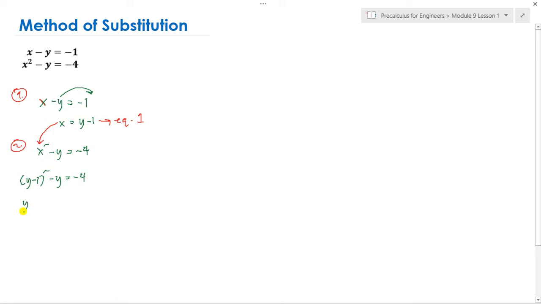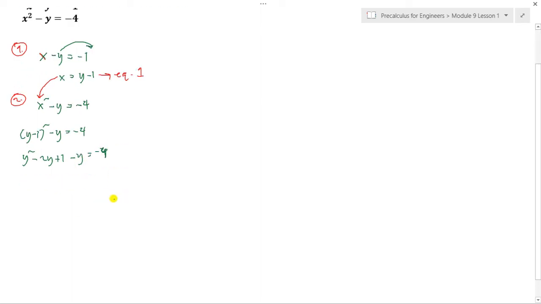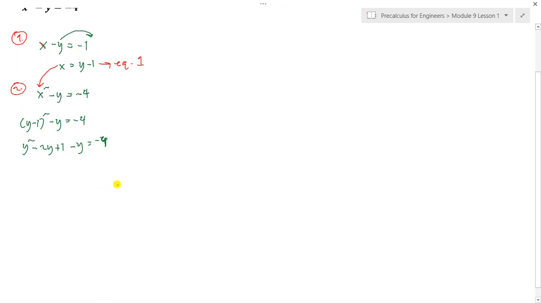So here this would be y squared minus 2y plus 1 minus y is equals to negative 4. So here, combining, this should now become y squared minus 3y plus 1, then transfer on the other side, plus 4 is equals to 0.